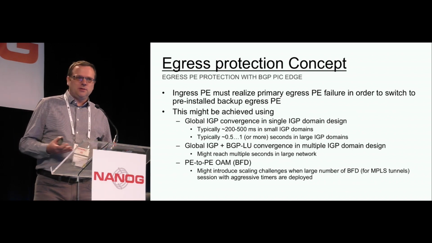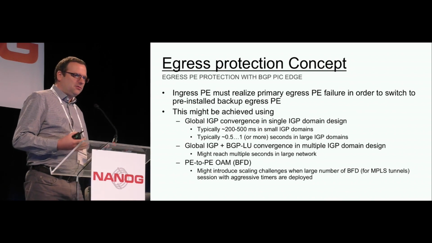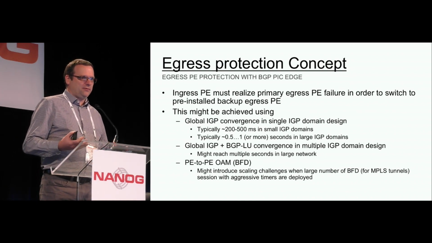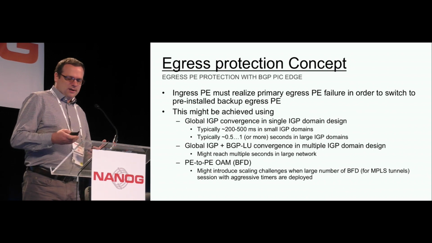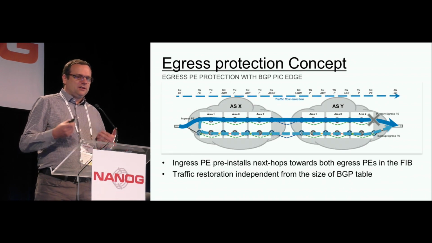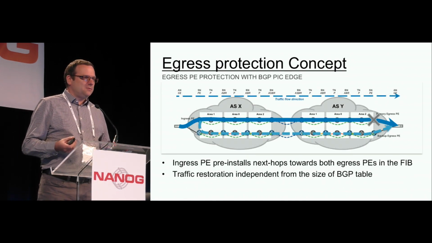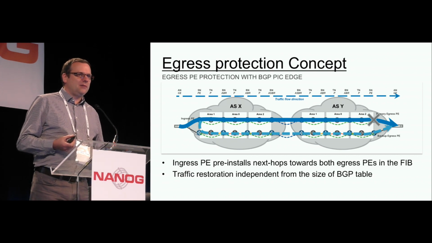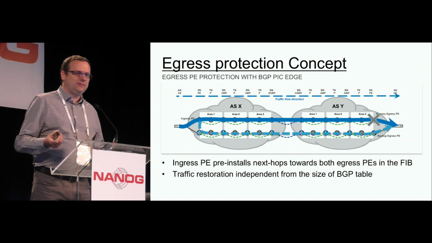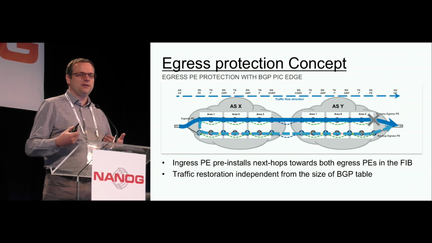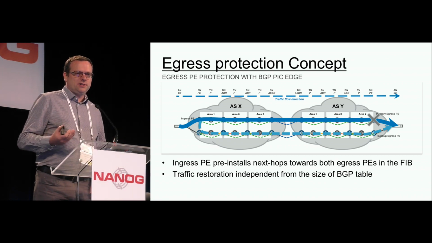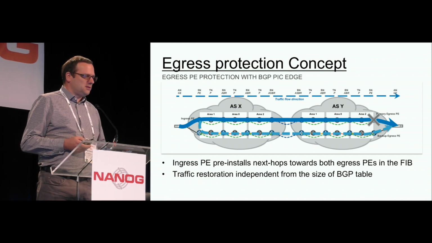It's independent from the number of BGP prefixes, but not really independent from the number of IGP prefixes. Why? Because the ingress PE needs to detect that the primary egress PE failed. Only after this detection happens can the ingress PE switch the traffic over to the backup egress PE.